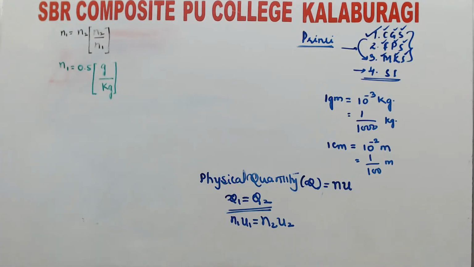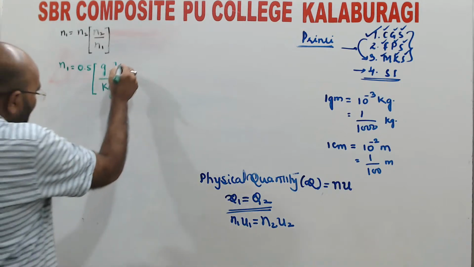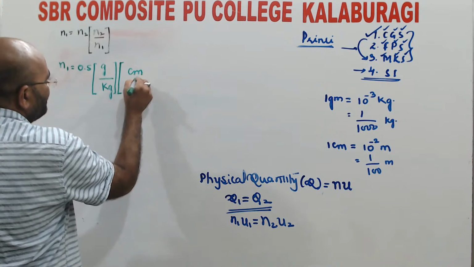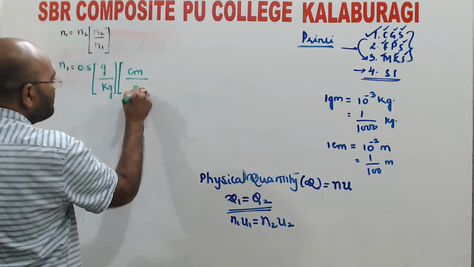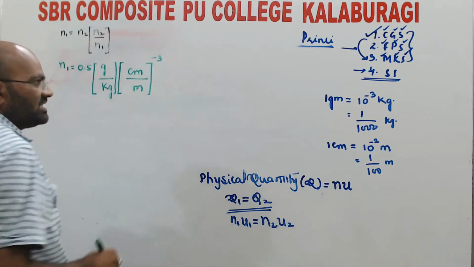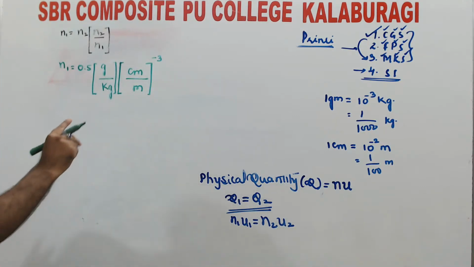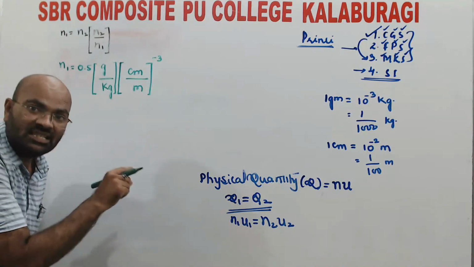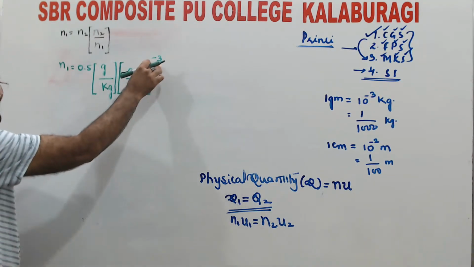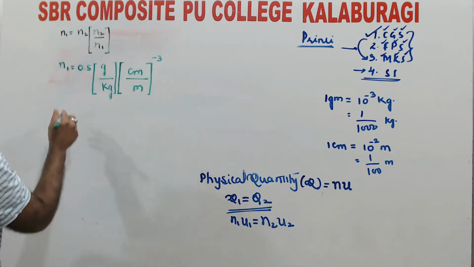The second value which has been given is in terms of centimeter divided by meter whole to the power minus 3. Why have I included minus 3? Because per cubic centimeter can be written as to the power minus 3. Then simplify this.